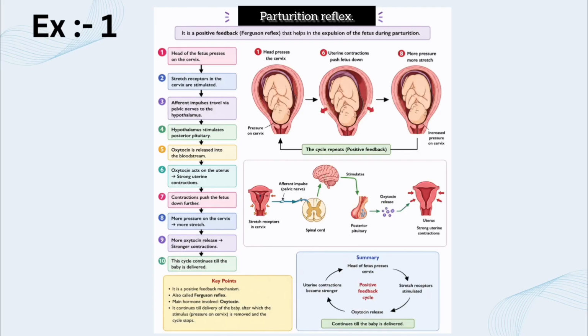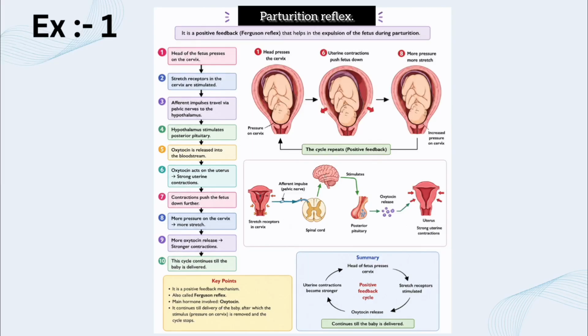Guys, have you ever wondered why labor pains become stronger during childbirth, or why a nerve impulse spreads so quickly? The answer lies in the positive feedback mechanism. Here you can see a beautiful example, the parturition reflex.